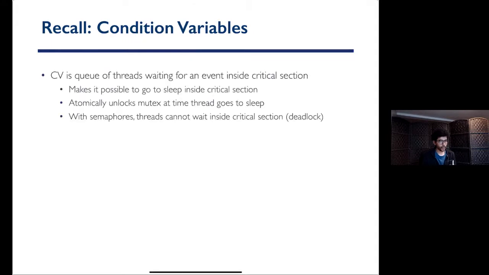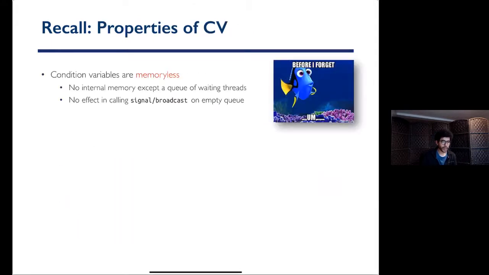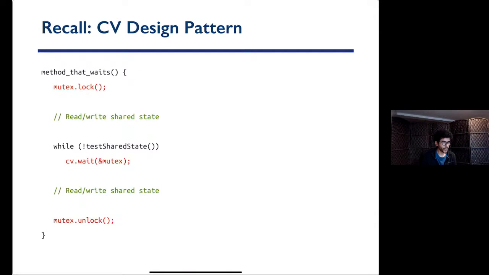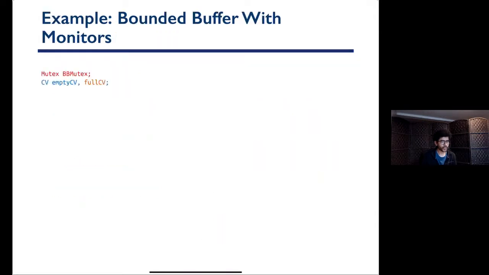I'm just going to move over these because I covered them during the tutorial. So I'll jump to an example of using condition variables to implement bounded buffers. You probably remember this bounded buffer example.